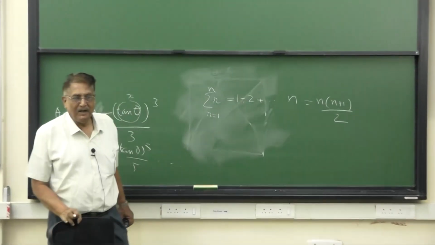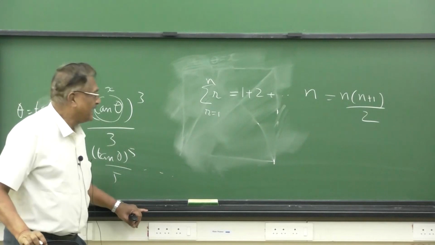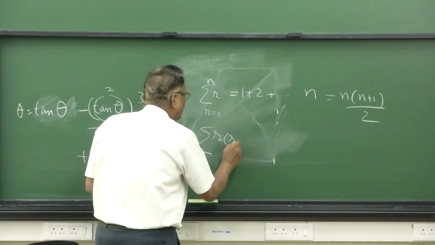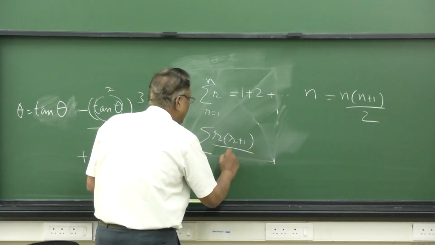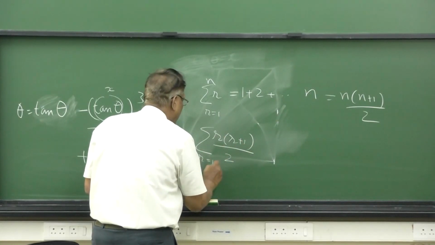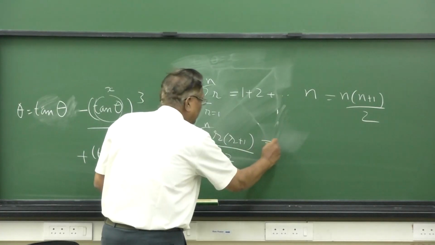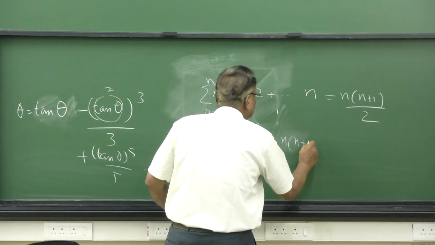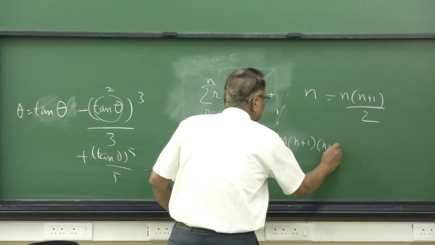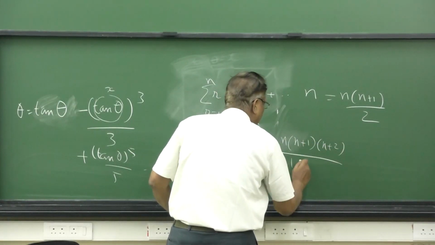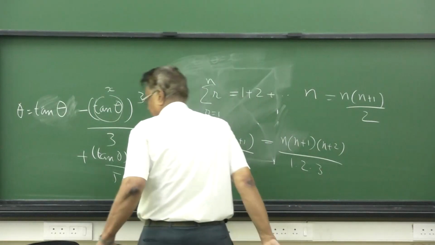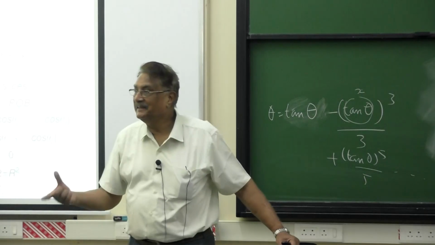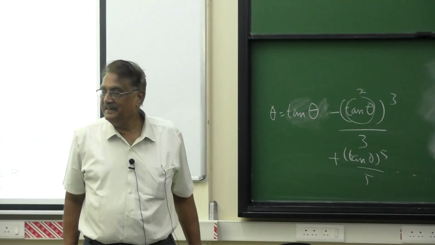Then Aryabhatta also considers the next one, the sum of sums, sigma r into r plus 1 by 2, which in fact can be shown to be this. This is there in Aryabhatta. Up to this they knew. But further, it is not that easy.